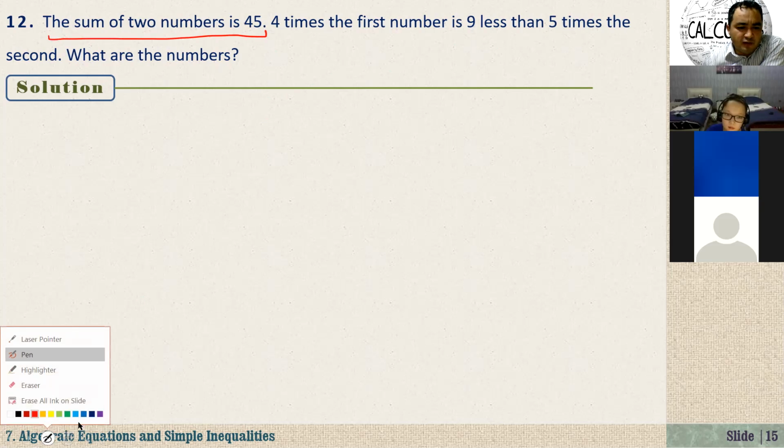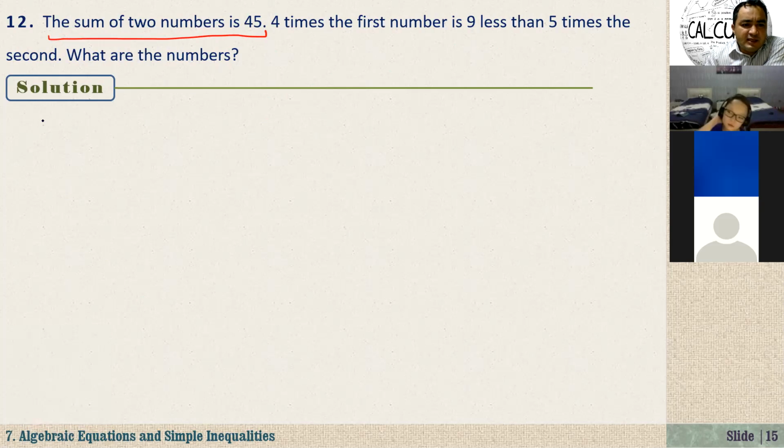If you are talking about two numbers, here we have the first number and here the second number. The first number is, let's say, y. Then what is the second number?